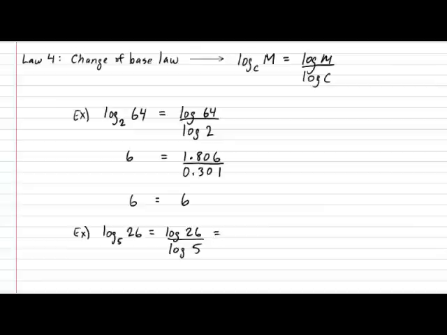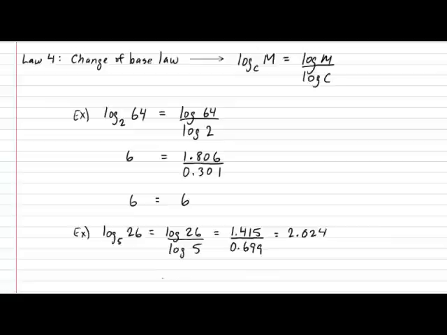Using your default log button, log of 26 gives an approximate answer of 1.415 divided by, and again using your default log button, log of 5 gives a result of 0.699, and when you do the division, 1.415 divided by 0.699 is approximately 2.024.